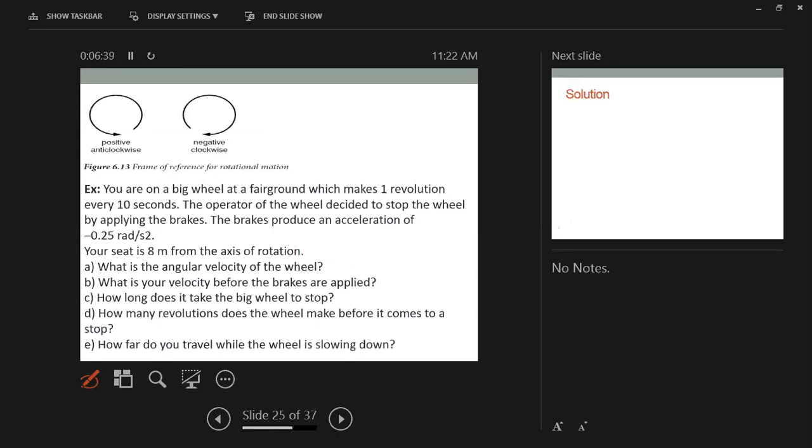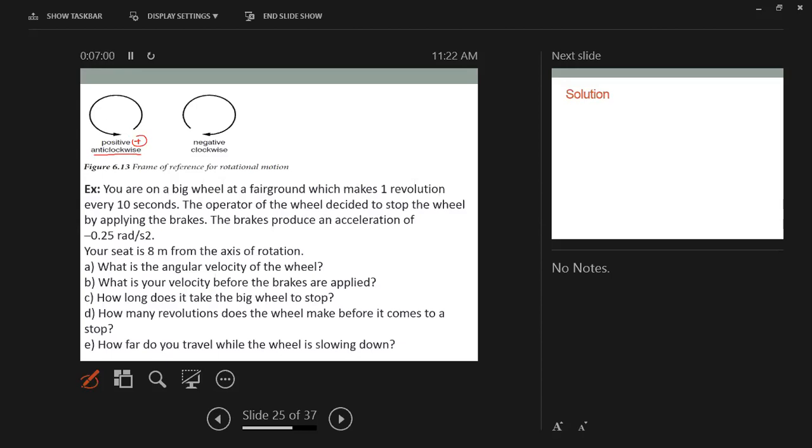Okay. So the question, before starting the question, what is positive and negative? What is clockwise and anti-clockwise? When an object rotates anti-clockwise, we are going to show it as positive. It is going to be a positive torque.